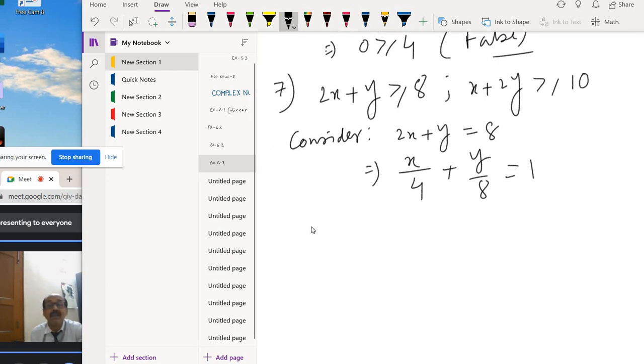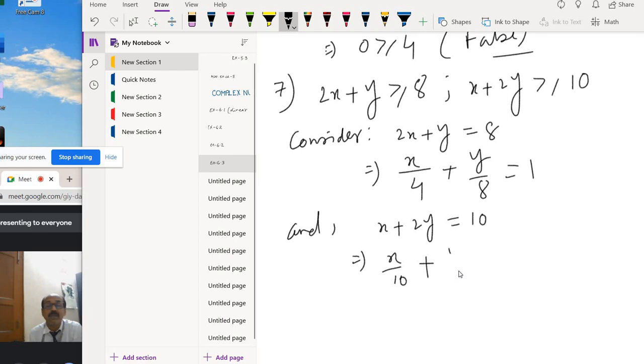And another equation, x plus 2y equal to 10. Dividing both sides by 10, x by 10 plus y by 5 equal to 1.